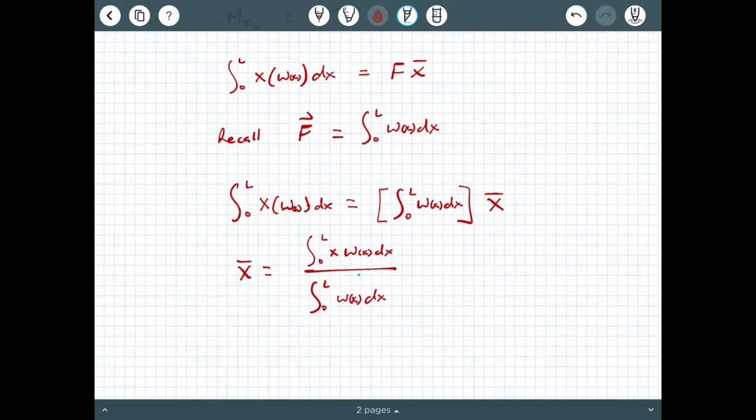You cannot cancel anything. I know it looks tempting. It looks like you want to cancel the w as a function of x, or you want to try to cancel the integrals. You cannot do that. These terms are inside their own separate integrals, so there is no term cancellation at this stage of the process. So even though it looks tempting, do not do it. You will get the wrong answer. So this is our general x bar equation where we would have to evaluate two different integrals.